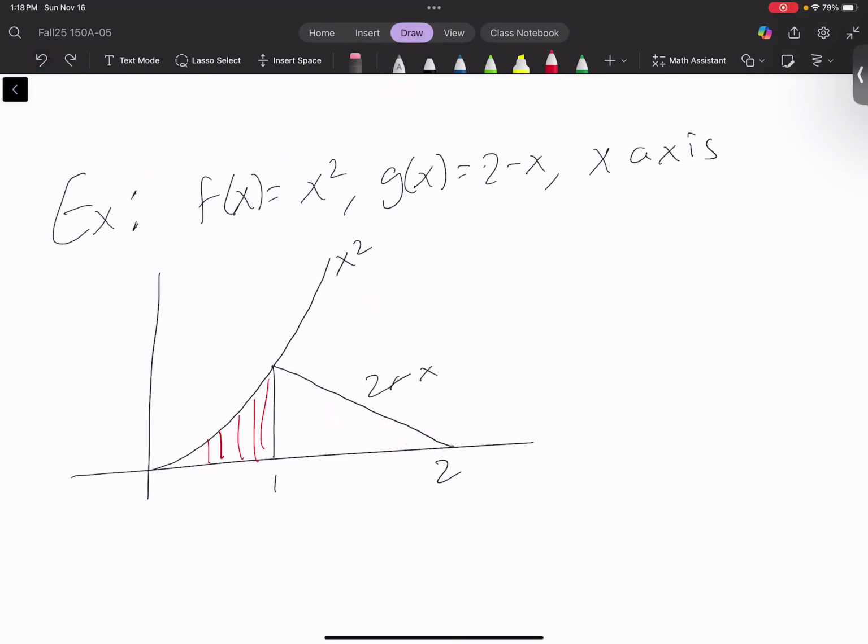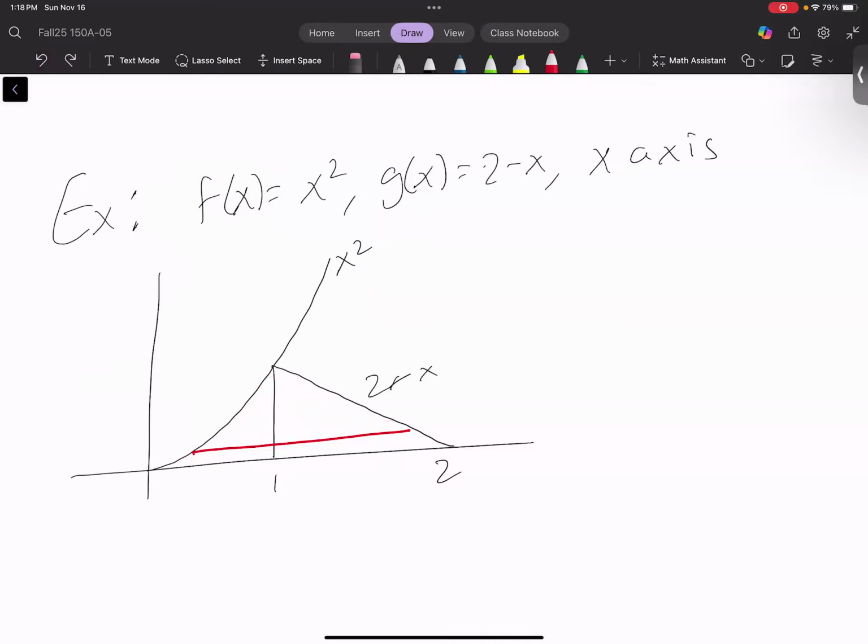So then you could look, well, maybe what if I do it with respect to y, which means we look at horizontal lines. And what you notice is in the entire region, it's always the same right and left function, which means just one integral.